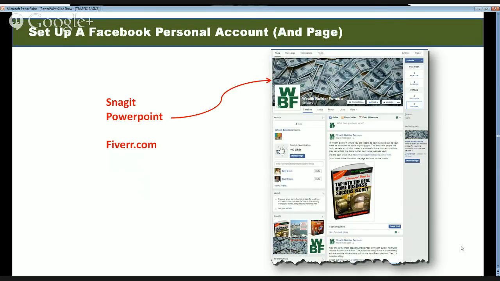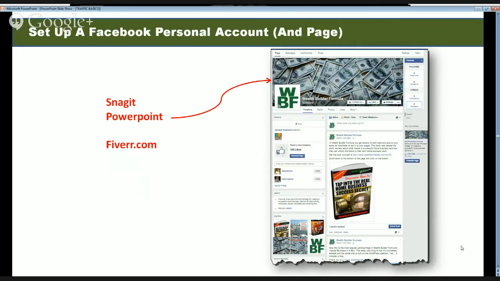So the second part of your homework is to go to Fiverr.com, take a look at what's there, and then make a decision about how you're going to generate graphics. You're not going to need those graphics immediately, but the minute you start doing Facebook advertising, you've got to start doing graphics. That's the most important thing. We'll be talking about that in just a minute.